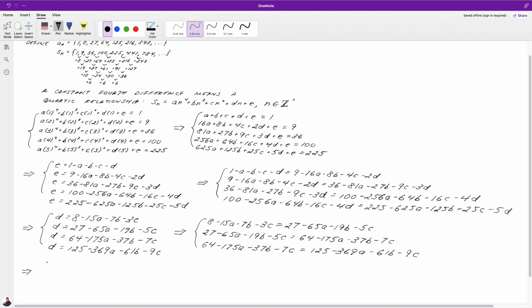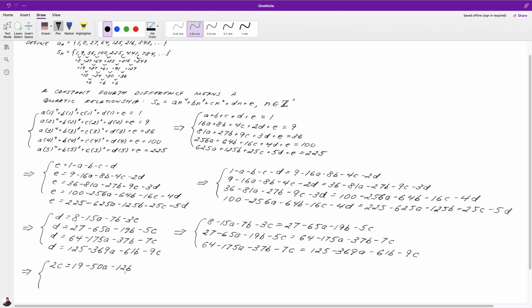Okay, so solving everything for 2C, adding 5C to both sides, we're going to have 2C here. Subtracting 8 from both sides, we're going to have 19. Adding 15A to both sides, we'll have negative 50A. Okay. Adding 7B to both sides is going to give us negative 12B.